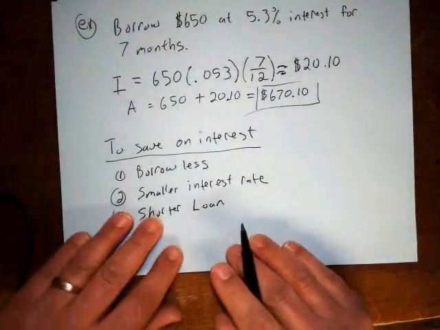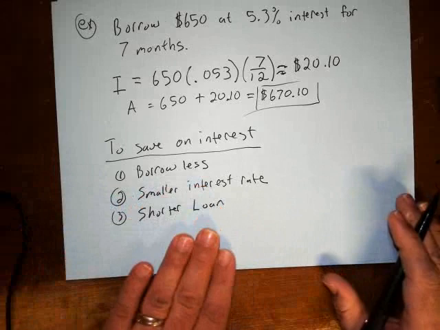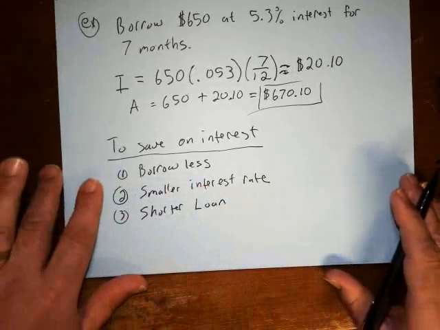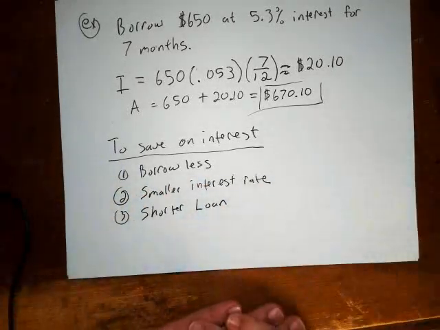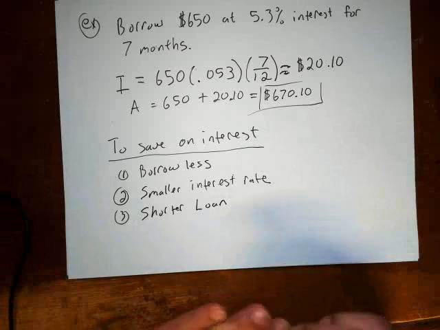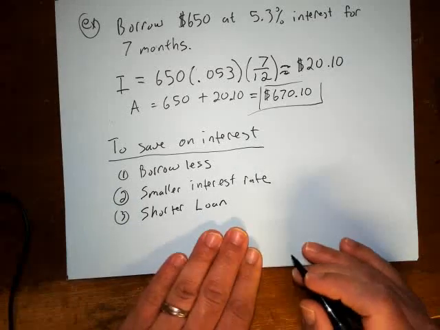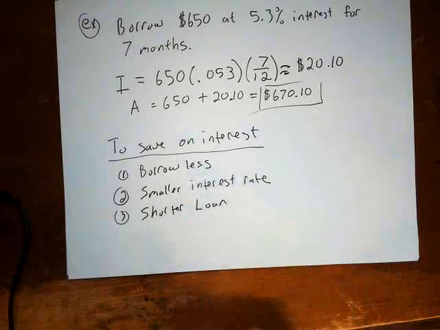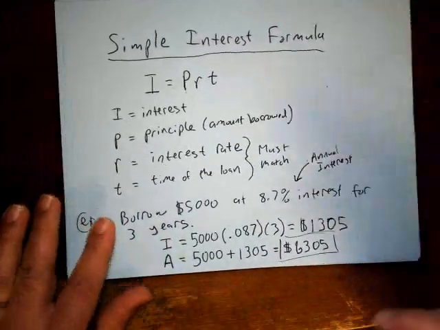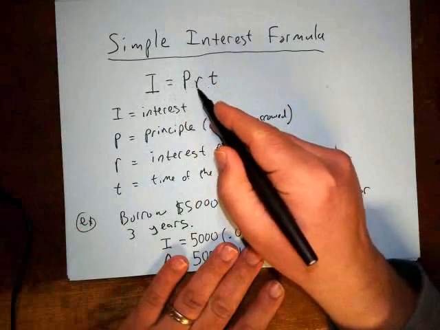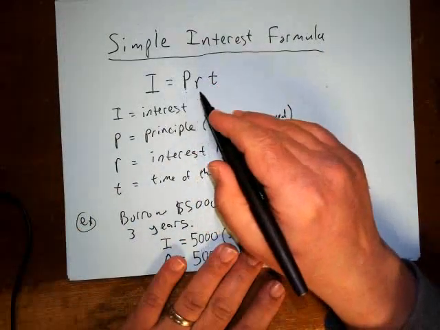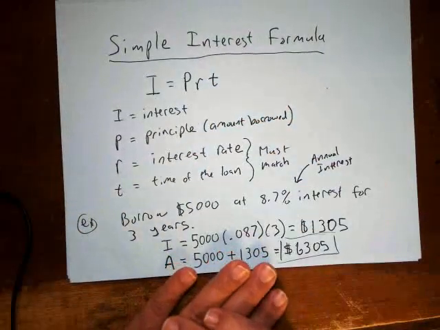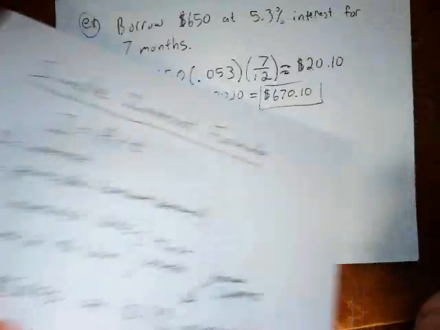So anytime you can borrow less, get a smaller interest rate, get a shorter loan, all 3 of these are great things to do. And in fact, these actually make sense, that if you make these smaller, you make the interest smaller, because the interest is just the product of those 3 things: the principal times the rate times the time, right? Okay.